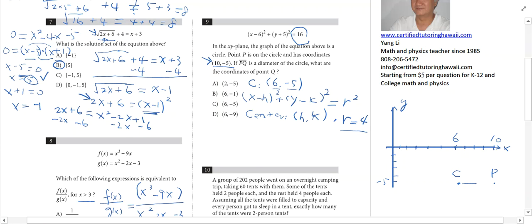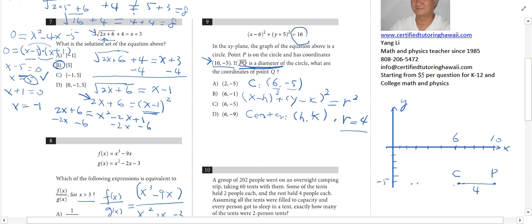The radius from the center to the circle point here is 4 units. And they told you that PQ is the diameter of the circle. So the diameter must pass through the center, so you can go on this side. That point should be on this side.